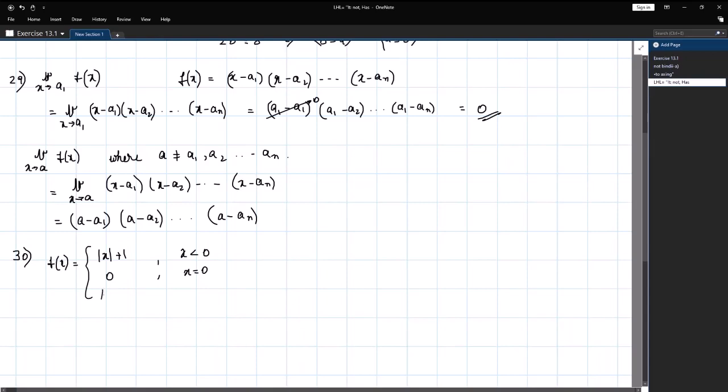F of x is mod x minus 1 if x is greater than 0. What we have to find is all the values of x where the limit exists. This is the question.